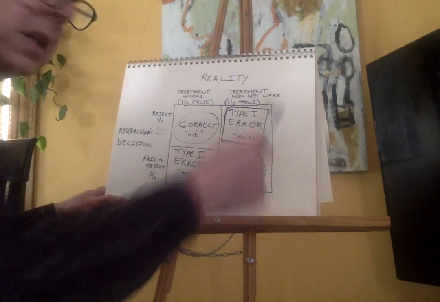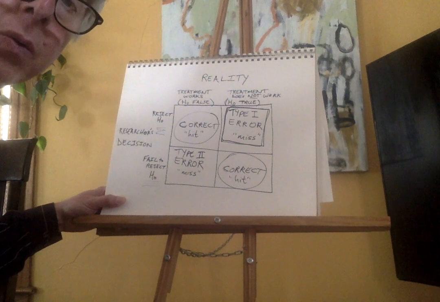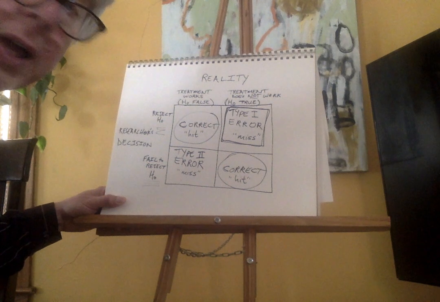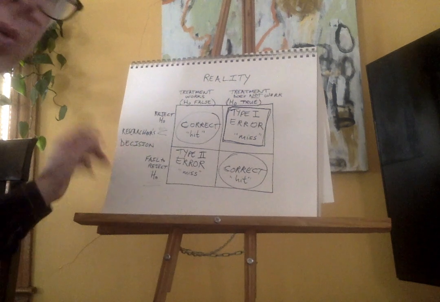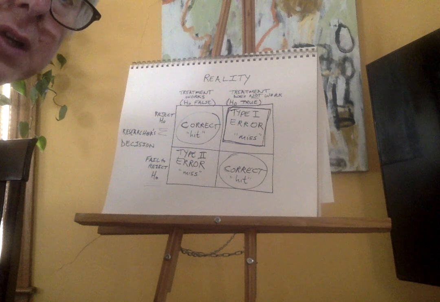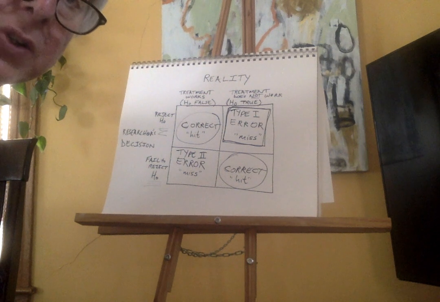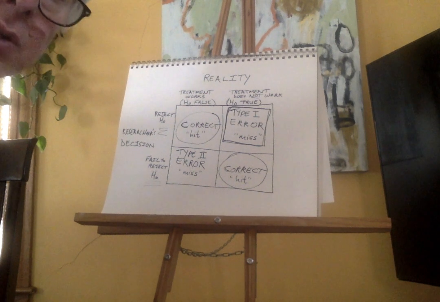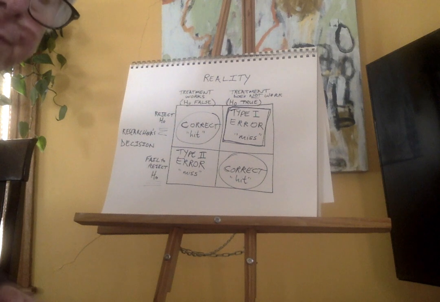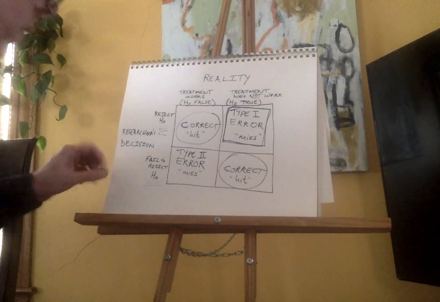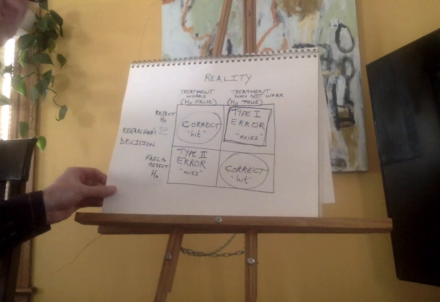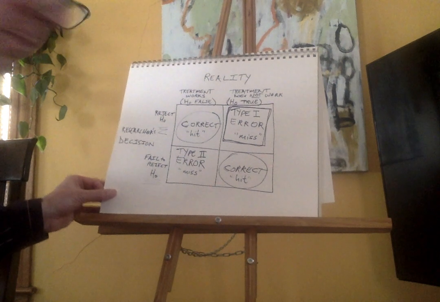This one will send us down the wrong road in science, okay? So in science, type 1 error is seen as more serious than the type 2 error, okay? And of course, we definitely want to be correct, okay?